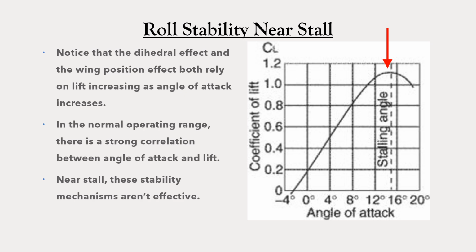Therefore, when an aircraft is very close to stall, these two contributors to roll stability kind of stop working, and aircraft tend not to be very stable in roll right near the stall. This is why it's common when you do a stall for one wing to drop.